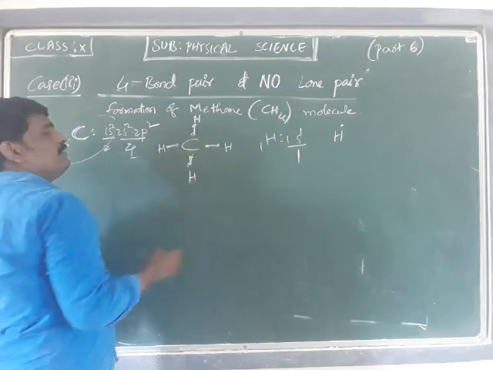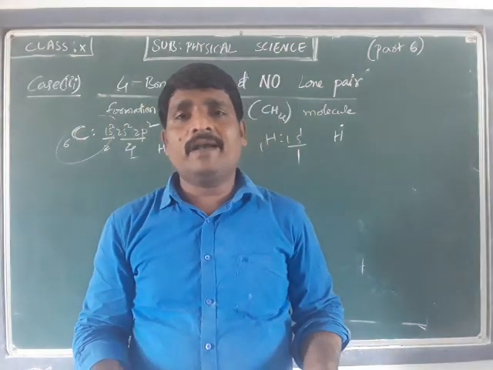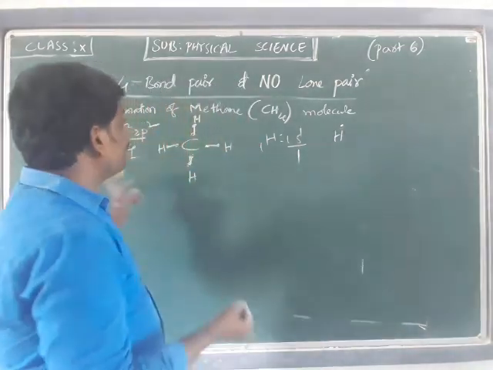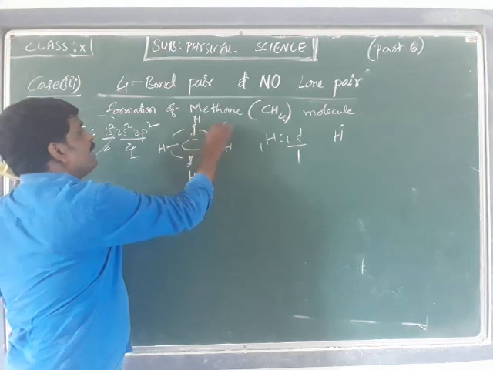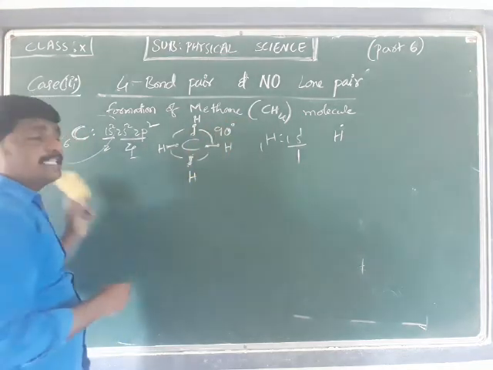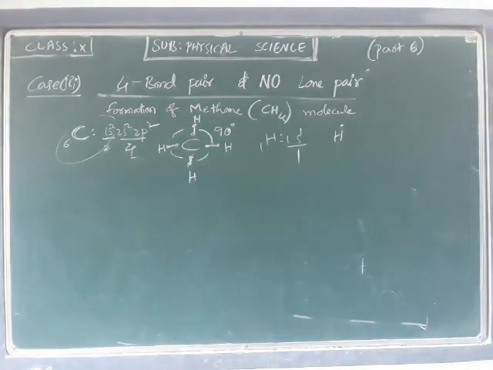The 4 electrons are shared to form bonds as shown in the figure. It is expected that due to the repulsion, the bond angle is equal to 90 degrees.